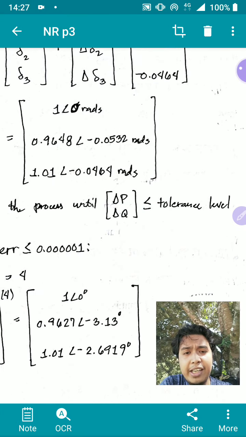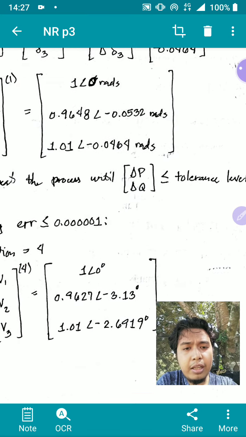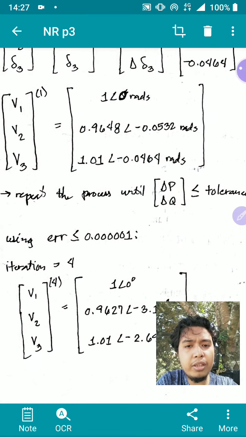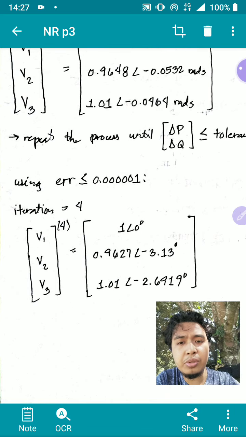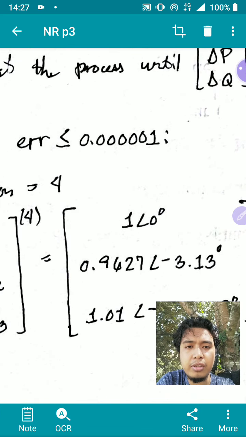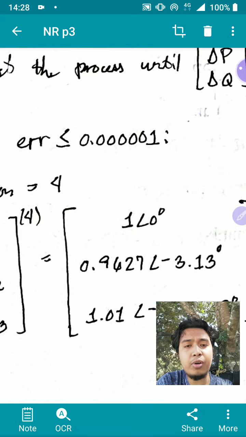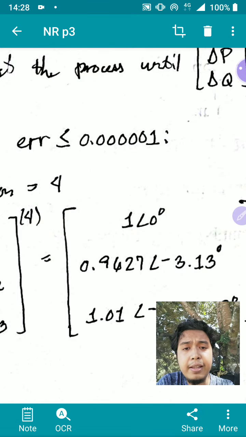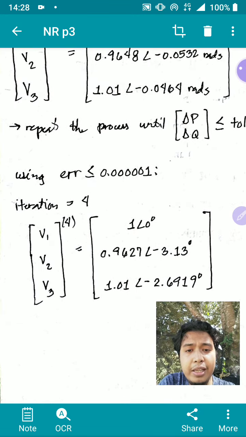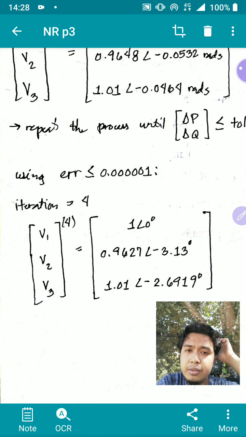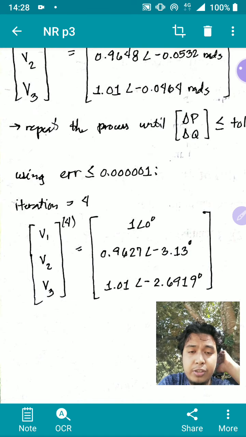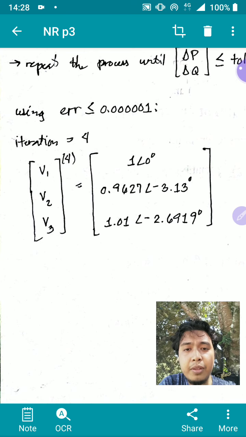So that's basically it. If we continue to do this solution using an error of 0.000001, five zeros before the 1 after the decimal place, we'll end up with 4 iterations with these voltage values for V1, V2, and V3.